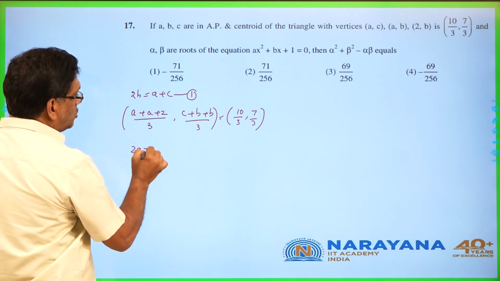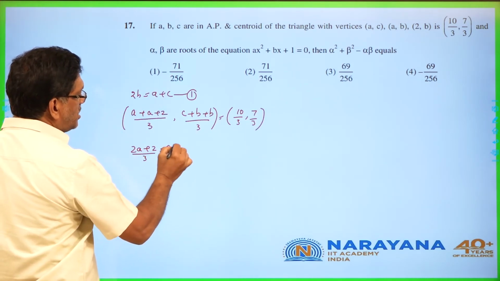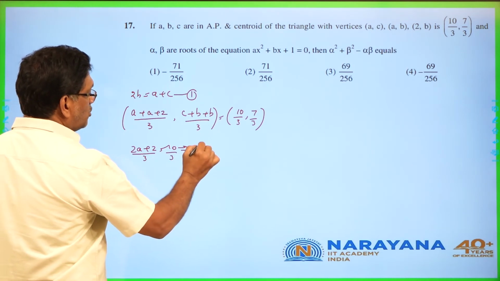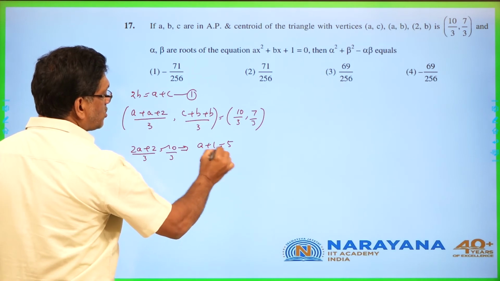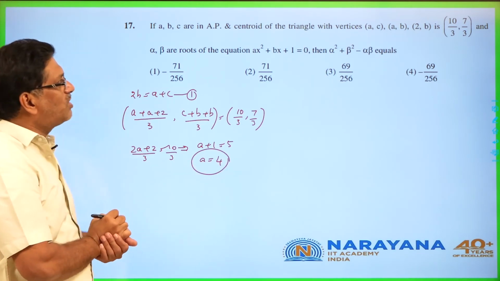That is, A plus 2 by 3 is 10 by 3, which means A plus 1 is 5. A equals 4. Directly we got one value.